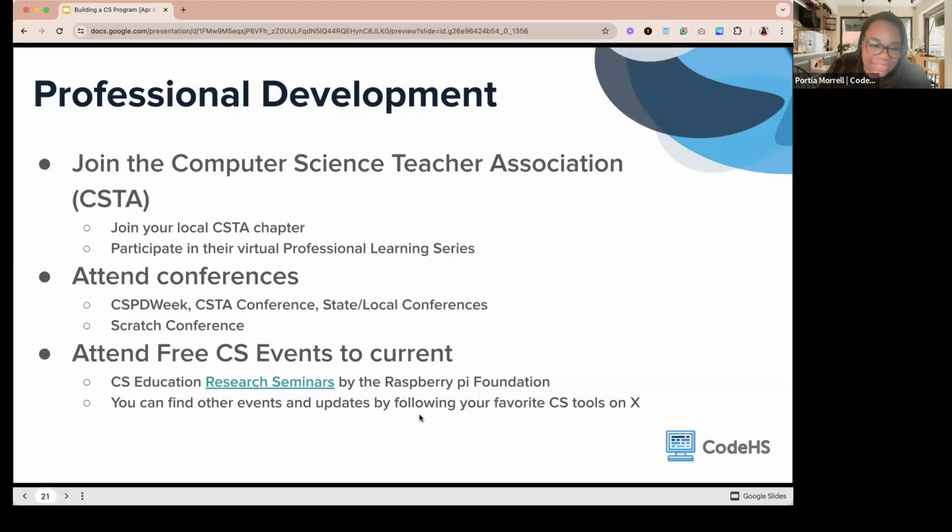And then last but not least, you can attend CS events. One of them that I put in the presentation is from the Raspberry Pi Foundation. I'm a big fan of CS research because you learn a lot without having to do a lot of trial and error.